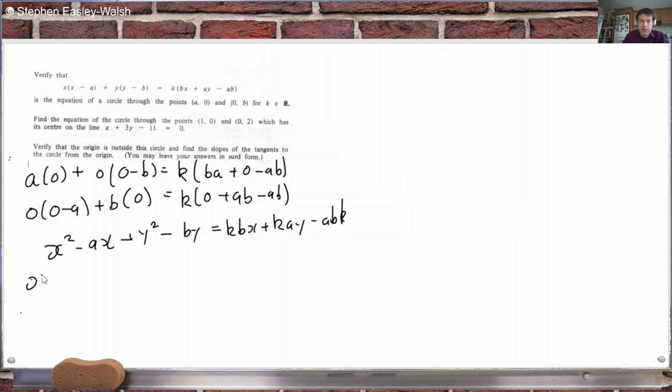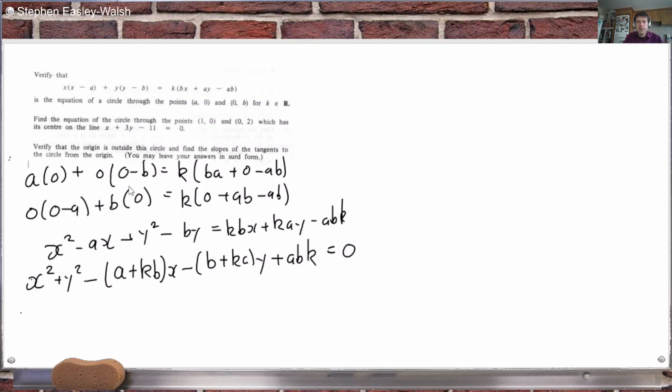So that's going to be x squared plus y squared minus (a plus kb)x minus (b plus ka)y plus abk equals 0. So that's the equation of a circle.